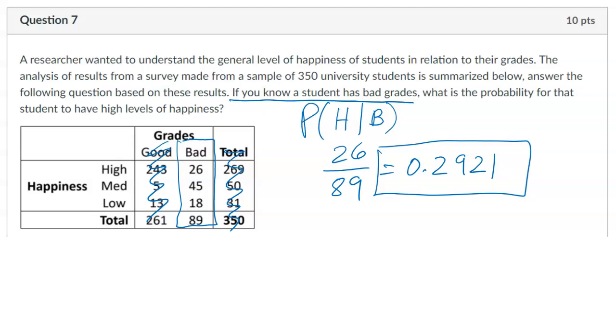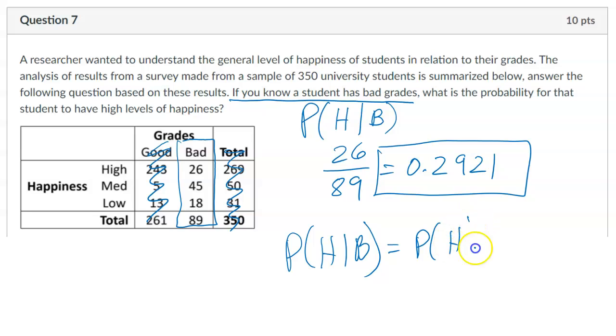First, one way of finding the probability of H given B, the probability of high given bad, will be the probability of high and bad over the probability of bad.